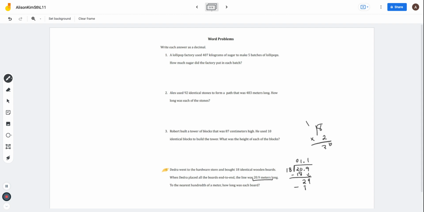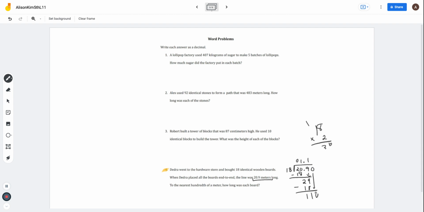We get 29 minus 18. 9 minus 8 is 1. 2 minus 1 is 1. And then after the 9, we're going to put another 0. We're going to keep going until we see that everything goes into each other evenly, or we have a remainder of 0. So bring down the 0.